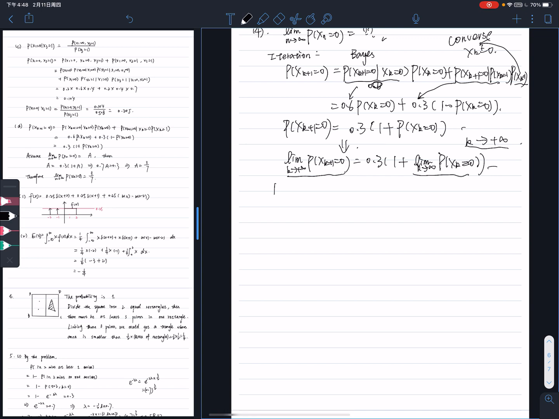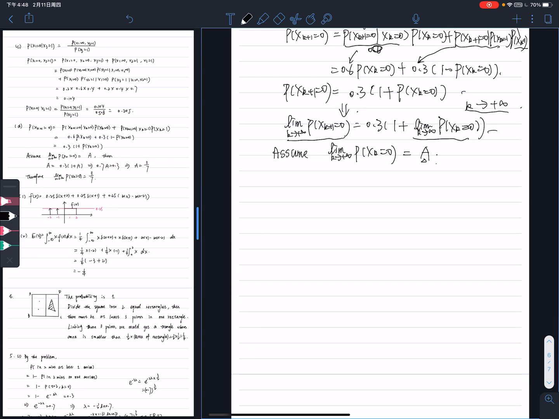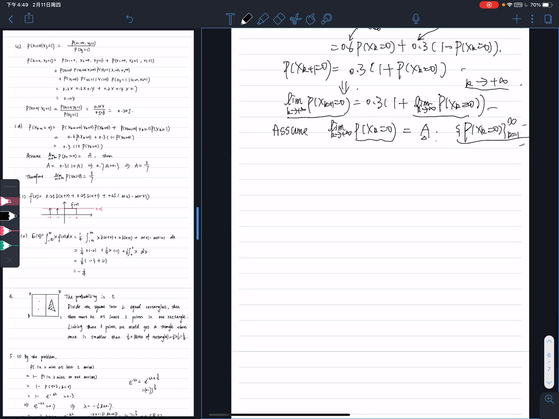So if we assume the limit we want equals a, this is a constant, the limit of this series, the formula star can be rewritten as a equals 0.3 times (1 plus a).